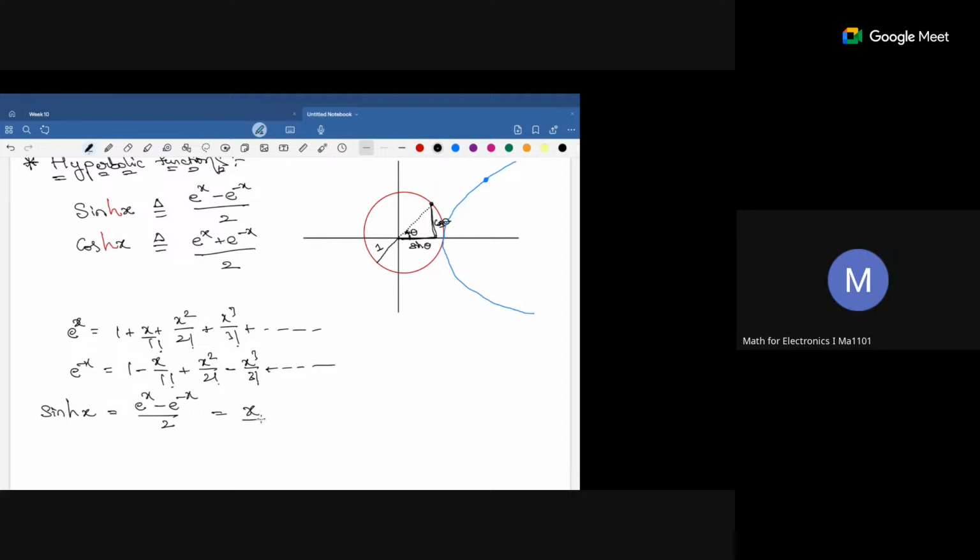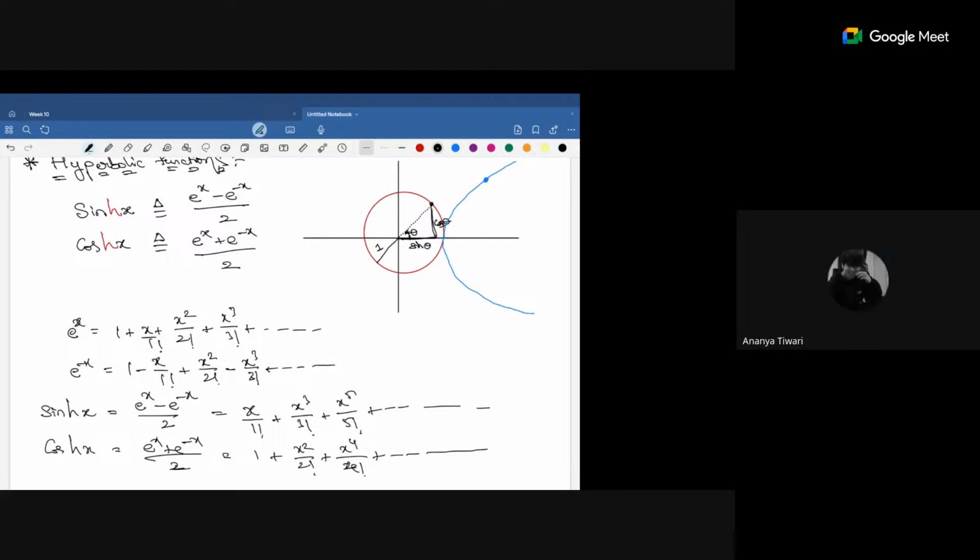So the result would be x by 1 factorial plus x cube by 3 factorial plus x power 5 by 5 factorial and so on. Only the odd power summation. Similarly for cos hyperbolic of x, which is e power x plus e power minus x by 2, you will get only the even powers: 1 plus x square by 2 factorial plus x power 4 by 4 factorial and so on.